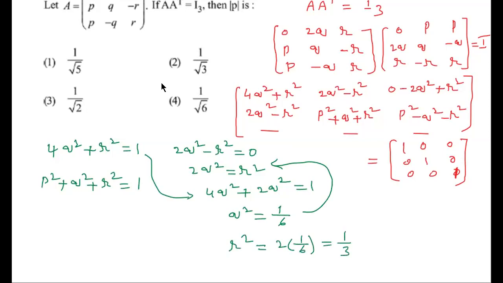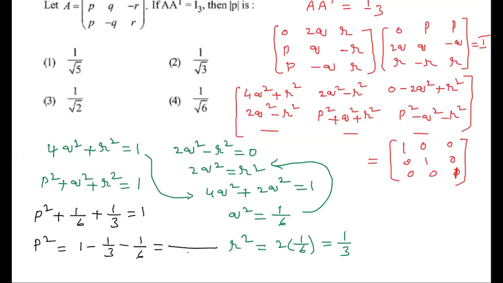But we need the P value, modulus of P. Substitute here: P square plus q square, which is 1 by 6, plus r square, which is 1 by 3, is equal to 1. P square is equal to 1 minus 1 by 3 minus 1 by 6.